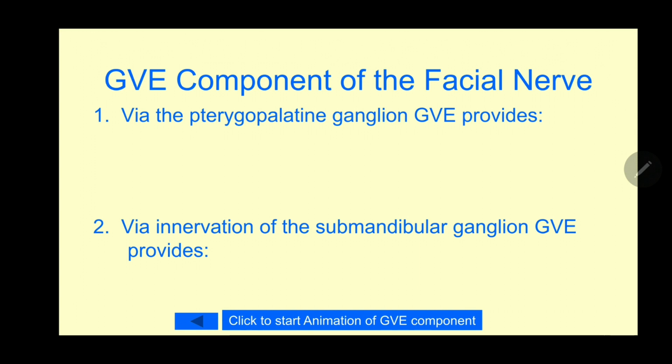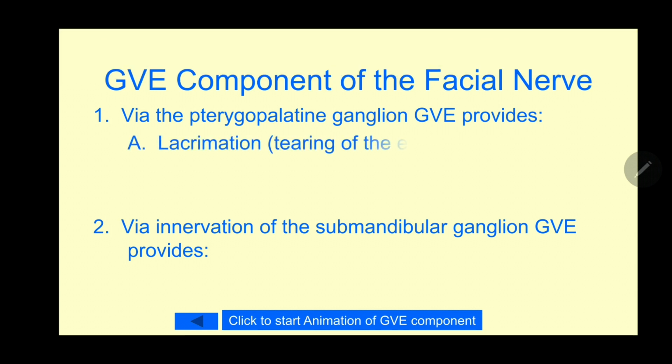Okay, now I'm talking about the general visceral efferent, the parasympathetic component of the facial nerve via the pterygopalatine ganglion, right? Remember the mucosal glands of the nose, palate, and the lacrimal gland, and via innervation of the submandibular ganglion, through which it will innervate the submandibular and sublingual salivary glands.